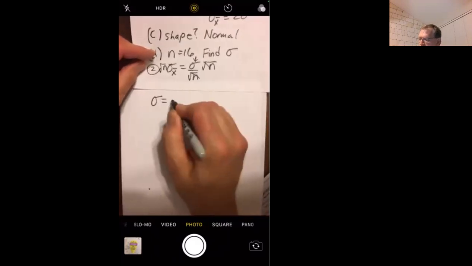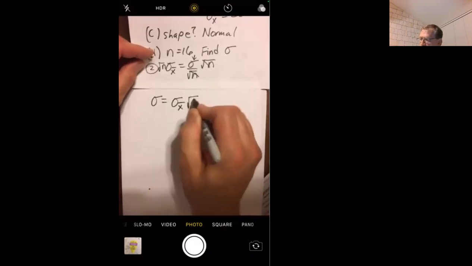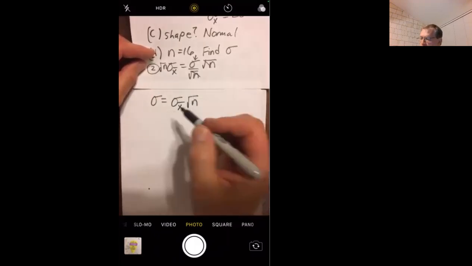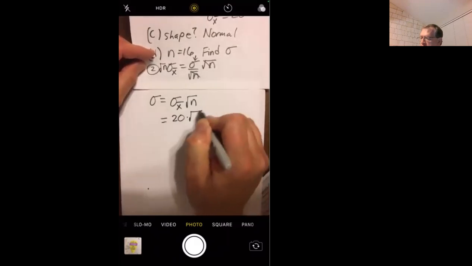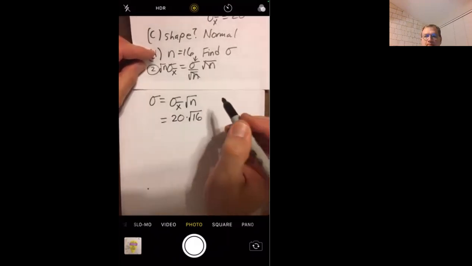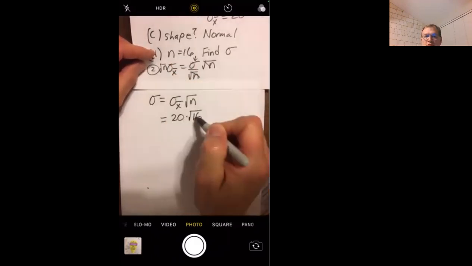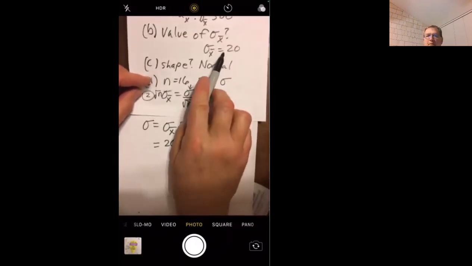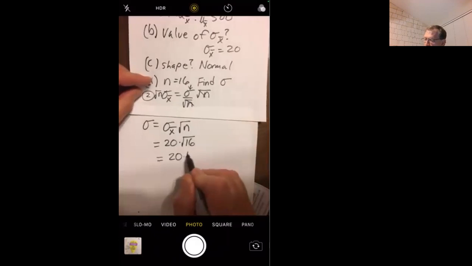This is going to be equal to, I'll reverse the order, the sigma x bar times the square root of n. I'll reverse the order here because this is not under the root. So plugging and chugging, this was 20 times the square root of 16. N is 16, so that's under the root. And this worked out 20 from up here. So in effect, you have 20 times 4, which is 80.